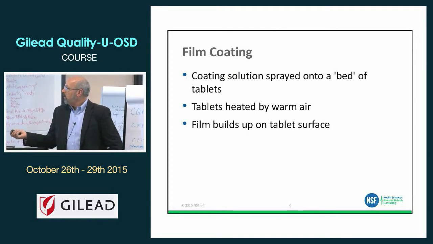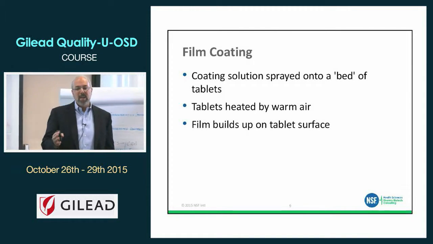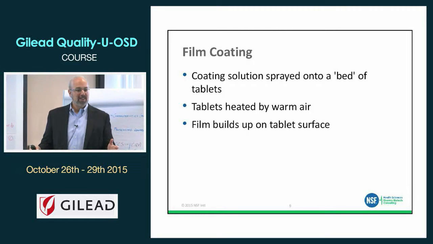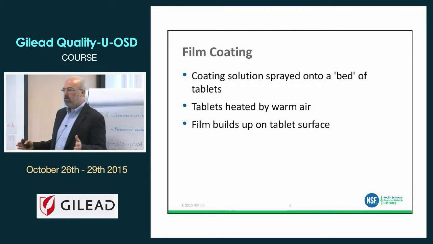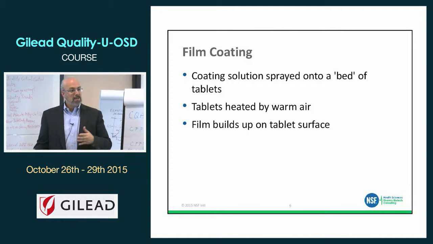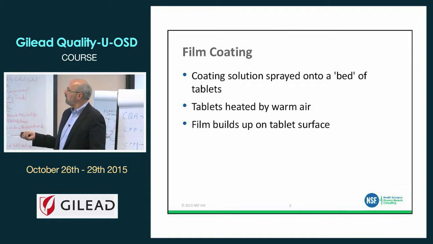So in film coating, we're coating the spray solution onto a bed of tablets. Again, this is a lot like a tumble dryer. Right? It's a perforated drum that we force air through from a heated supply out to a dust collector on the exhaust.